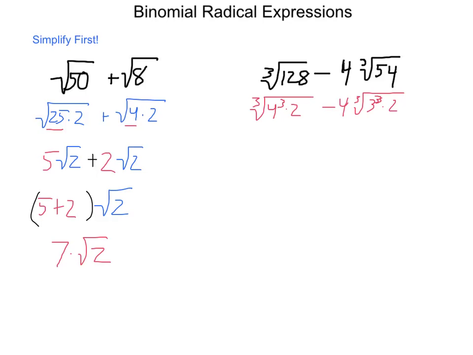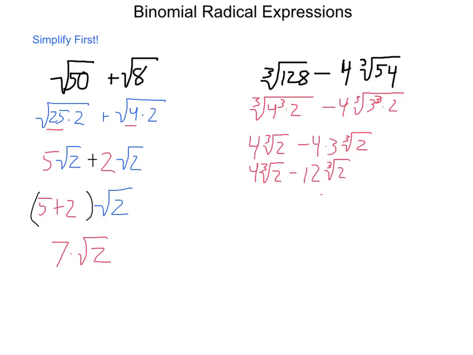Now, pulling out our common items, the cube root of 4 cubed is simply 4. So I have 4 cube root of 2 minus 4 times the cube root of 3 cubed, which is 3, cube root of 2. That gives me 4 cube root of 2 minus 12 cube root of 2.